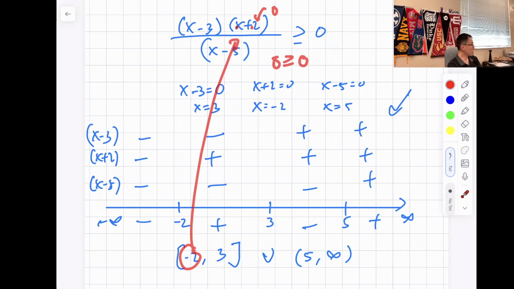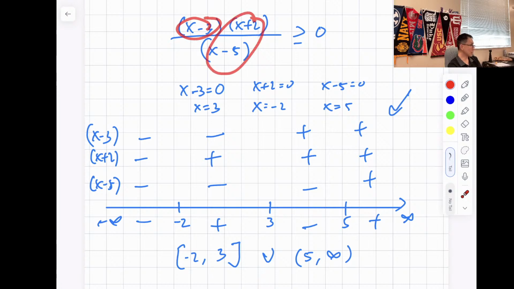That's also a true statement. So -2 actually has to be inclusive. And 3, well, 3 is right here. 3 minus 3 is 0. If this is equal to 0, it doesn't matter what happens here. 0 times anything is 0. So therefore 3 is included because 0 is greater than or equal to 0 in this situation as well.